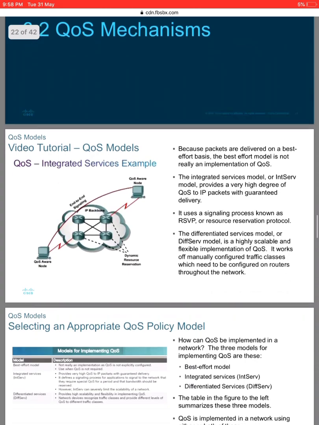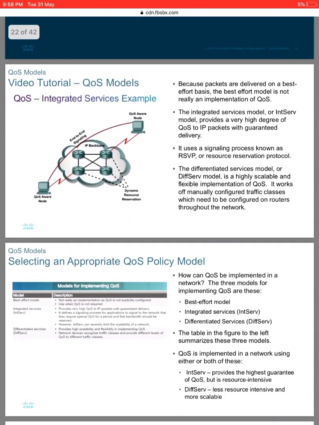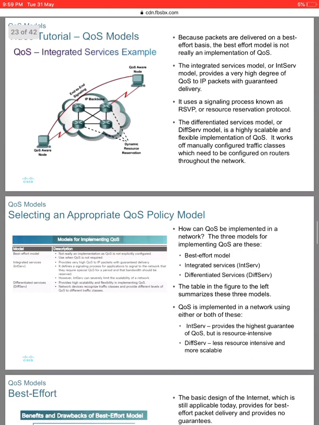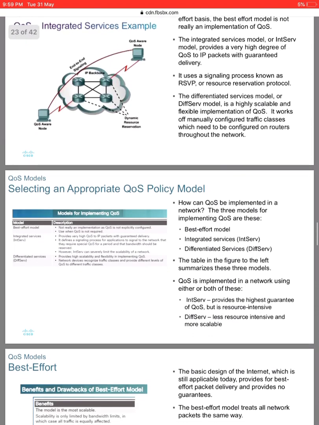So, QoS mechanism. For this one, we have the integrated services example in the models. Because packets are delivered on a best effort basis, the best effort model is not really an implementation of QoS. The integrated services model, or IntServ model, provides a very high degree of QoS to IP packets and guarantees delivery.